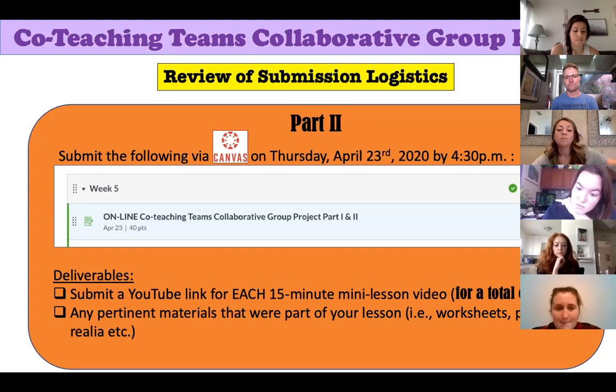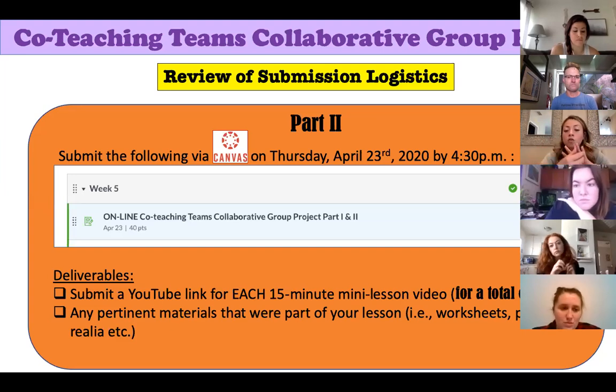That means if there's 4 people in your group, one person can partner up with another person, and they could co-teach a station, and then the other 2 people would be leading a station on their own. And so essentially you would have those 3 mini lessons videotaped.